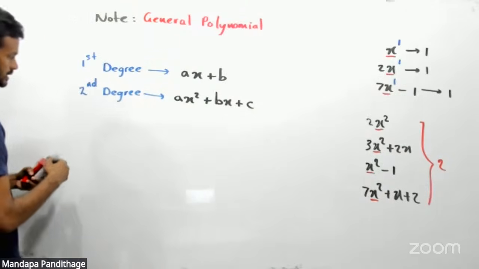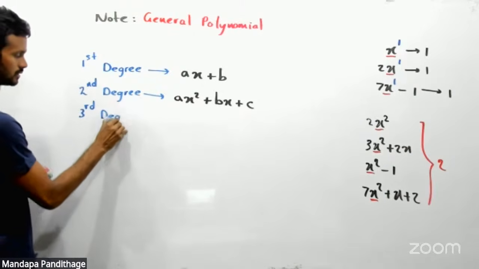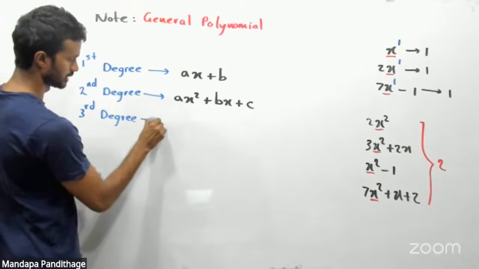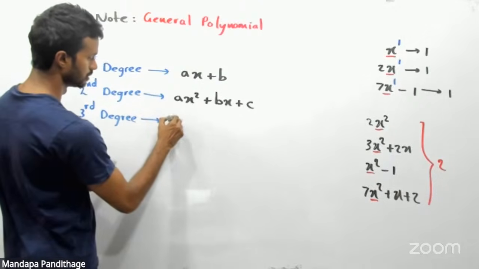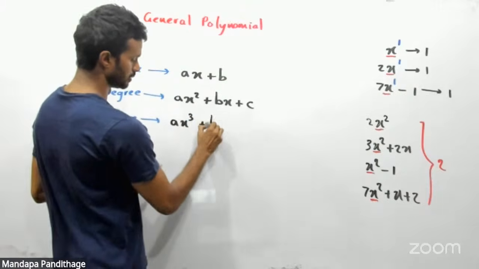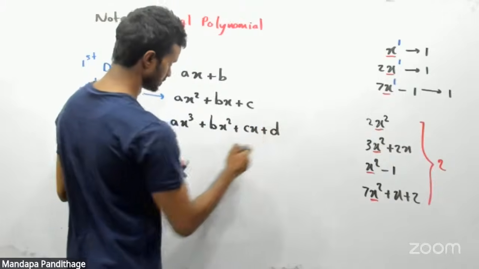Okay, so here now it's clear. If I write the third degree polynomial, you should have ax cube, bx squared, cx plus d.